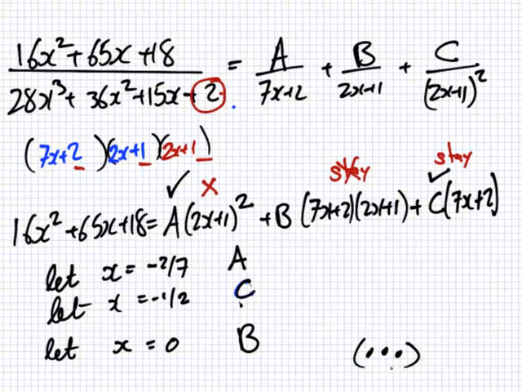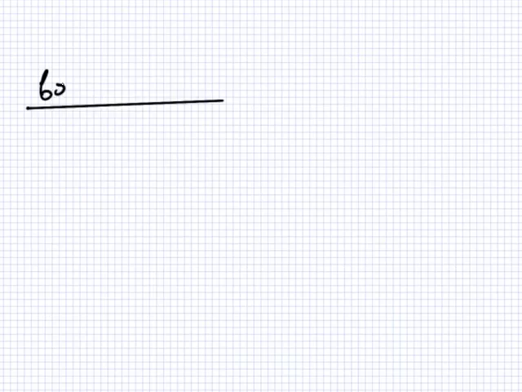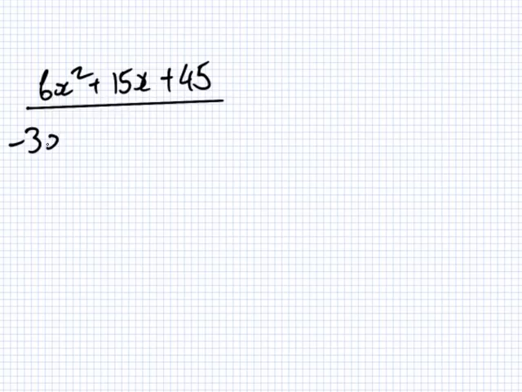Alright. What have I got on the top? 6x squared plus 45. And on the bottom? Minus 3x cubed, minus 13x squared, minus 28x, minus 8.